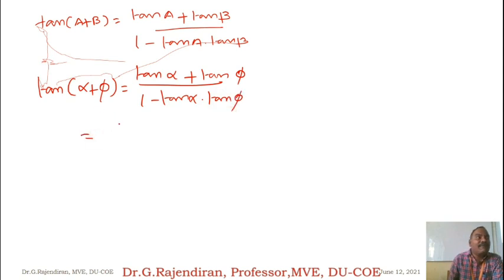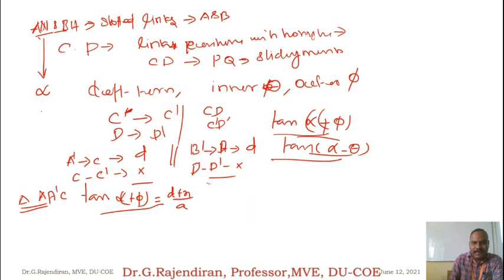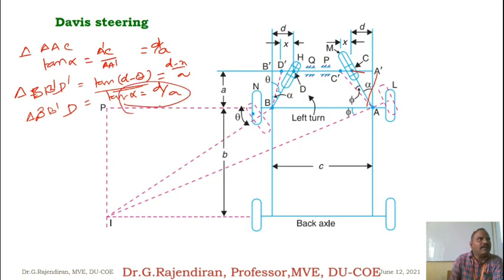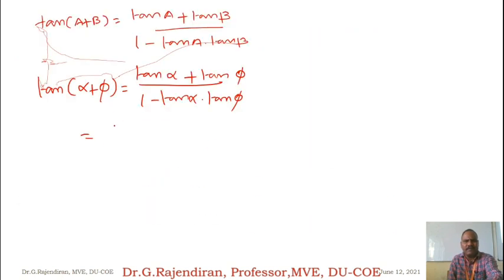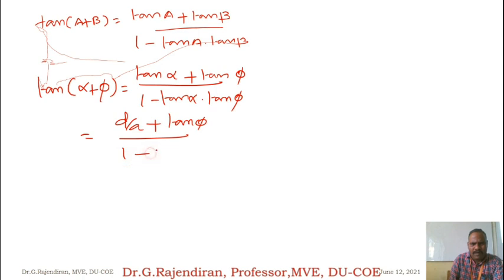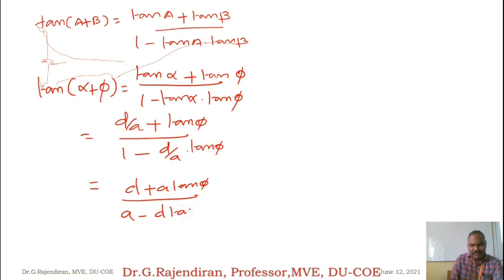Already we derived tan alpha is equal to d by a, so tan alpha plus phi is equal to d by a plus tan phi divided by 1 minus d by a into tan phi. Upon simplification, we can get d plus a tan phi divided by a minus d tan phi, correct?